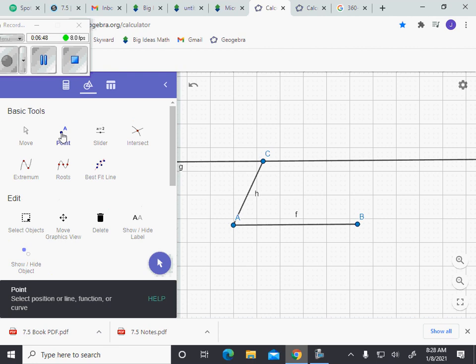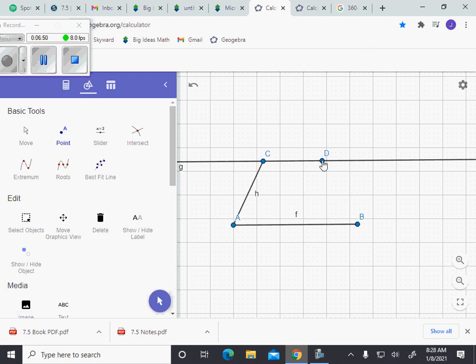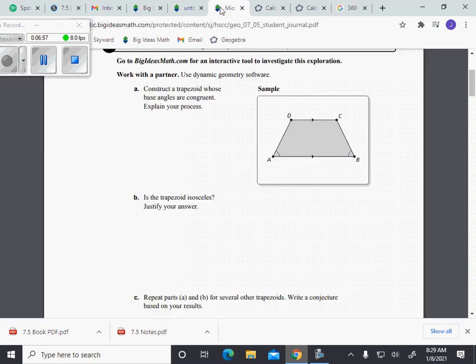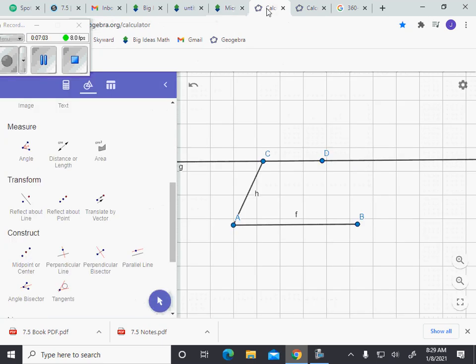I'm going to need a point somewhere around there. I'm not sure where yet. Now, it asks, I need the base angles to be congruent. Well, remember, base is this, so I need these two angles to be congruent.